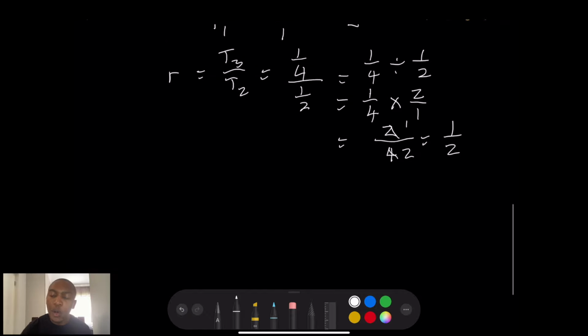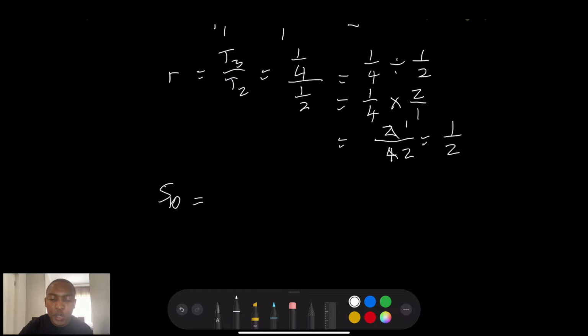Now, if I were to ask you to calculate the sum of the first 10 terms, okay, so S10 for this one here, you'll say to me, okay, the value of R is less than 1, meaning that it's less than 1.